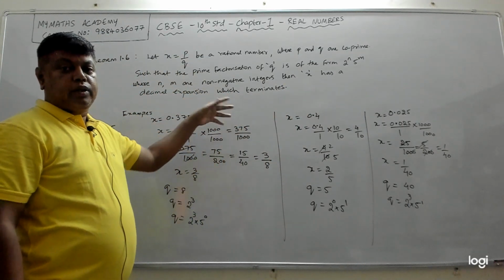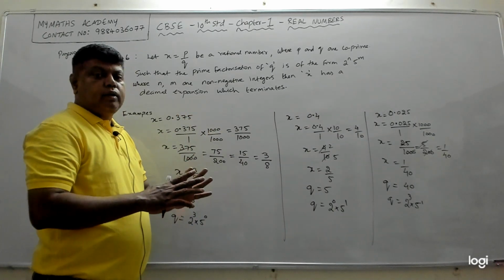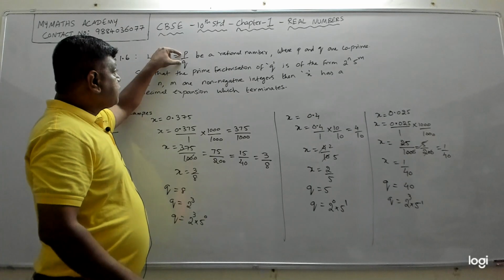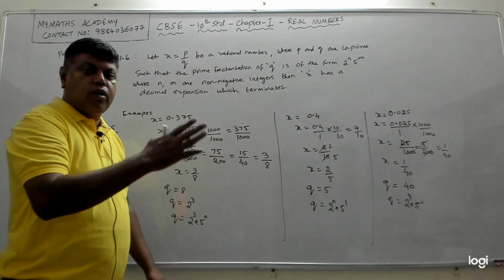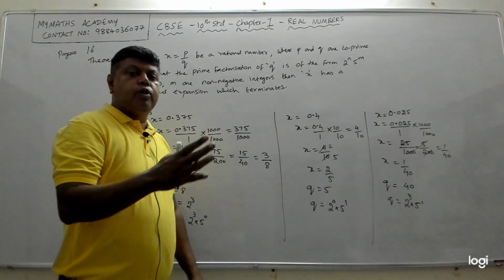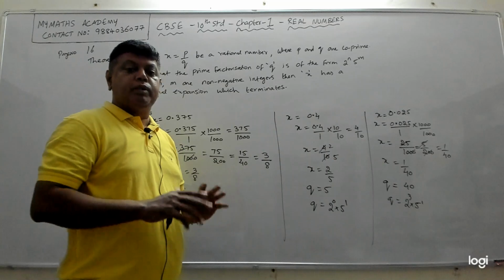Which means when we convert this fraction into decimal, that decimal will stop, it will not keep on going, it will not be non-terminating, it will terminate.